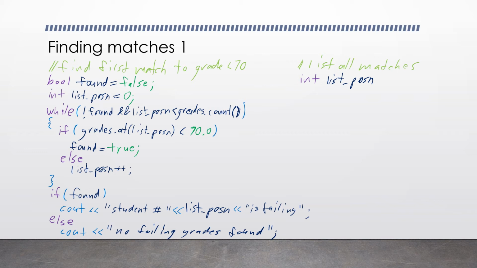Actually, we probably should over here output list position plus 1, because the user is going to expect the first student in the list to be 1, not 0. Imagine if it said student number 0 is failing, you'd be thinking, what the heck?